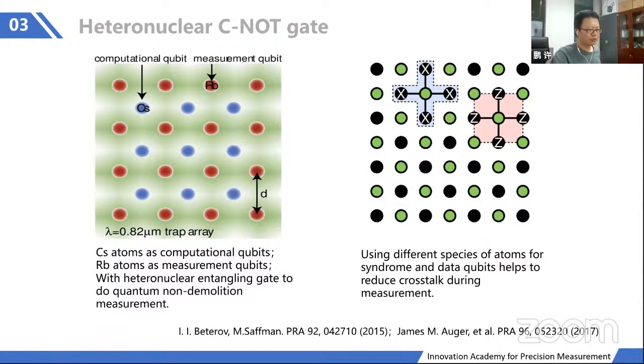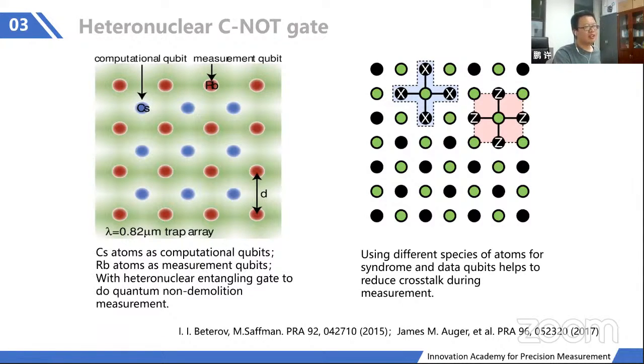But if we use different atoms, arranged far away or arranged one by one nearby, then we can have better performance in reducing this crosstalk.